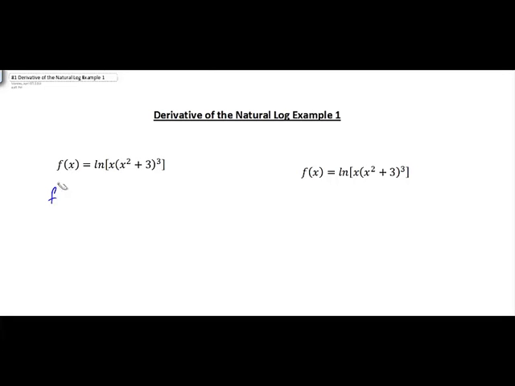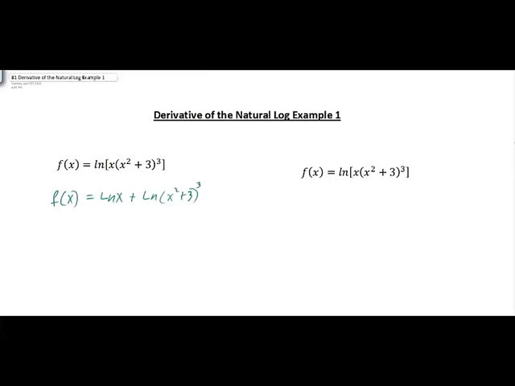And if you recall, if we're going to rewrite this, multiplication, we can split the multiplication up into addition, where I could take the natural log of x plus the natural log of x squared plus 3 cubed.